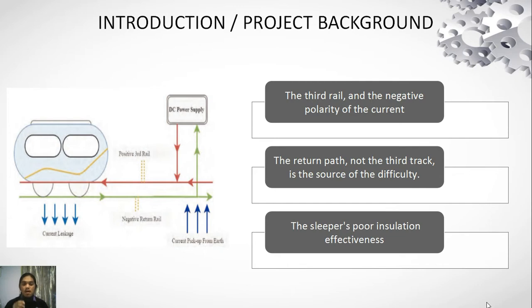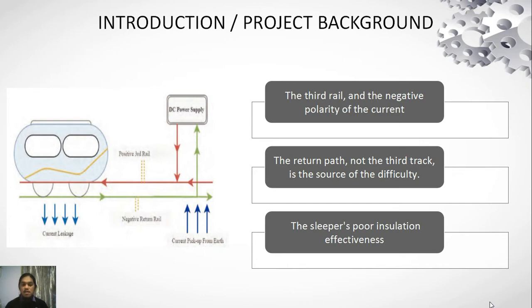Regrettably, the disturbing stray current problem has surfaced, casting a shadow over the performance of the third rail system. The difficulty comes from the return path, not the third rail, as a result of employing the running rail as the return channel for the traction current to the traction source.